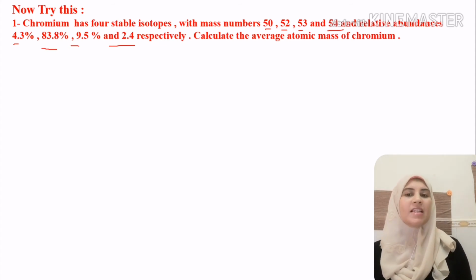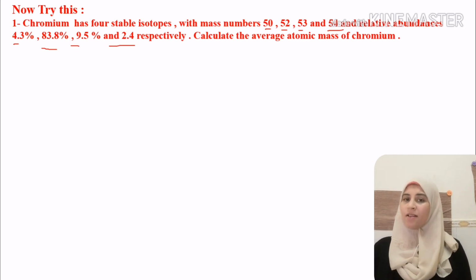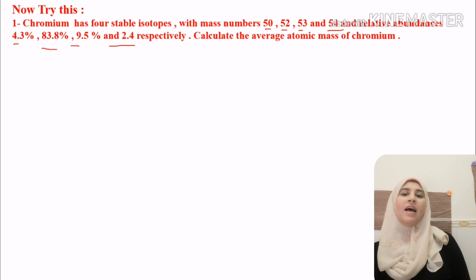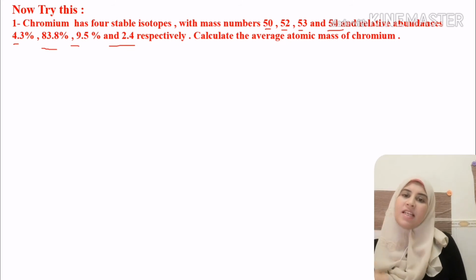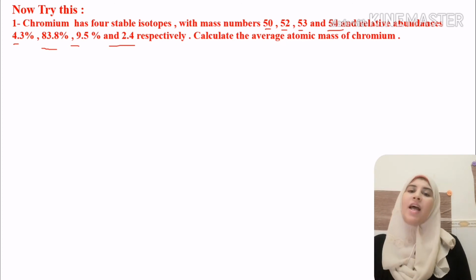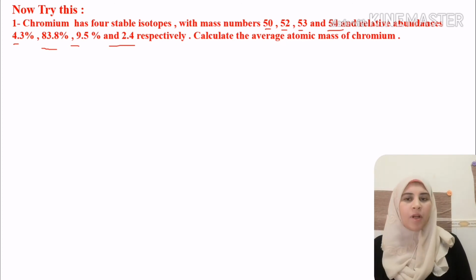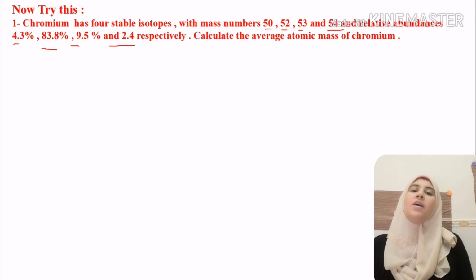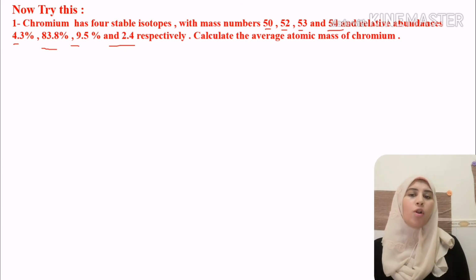We know that to calculate the average atomic mass of chromium, we use a known relation: the atomic mass of the first isotope times its abundance, plus the atomic mass of another isotope times its abundance, plus the atomic mass of the third isotope times its abundance, all of this divided by 100.